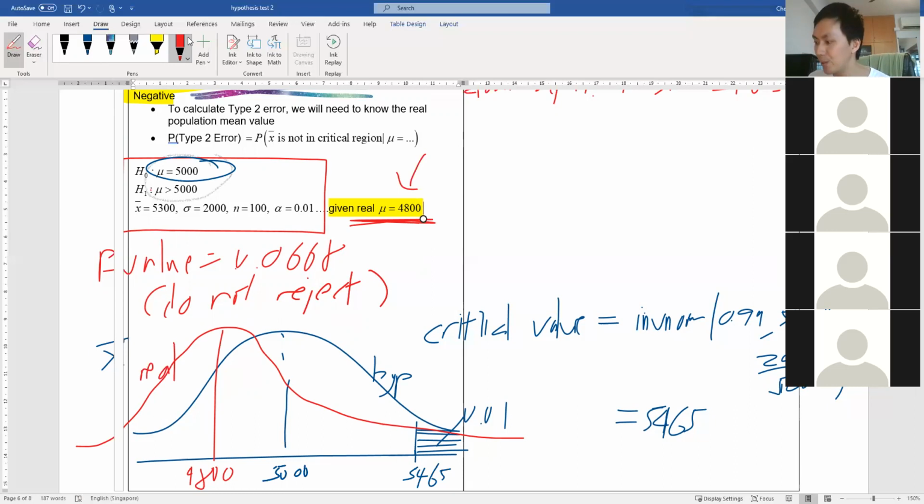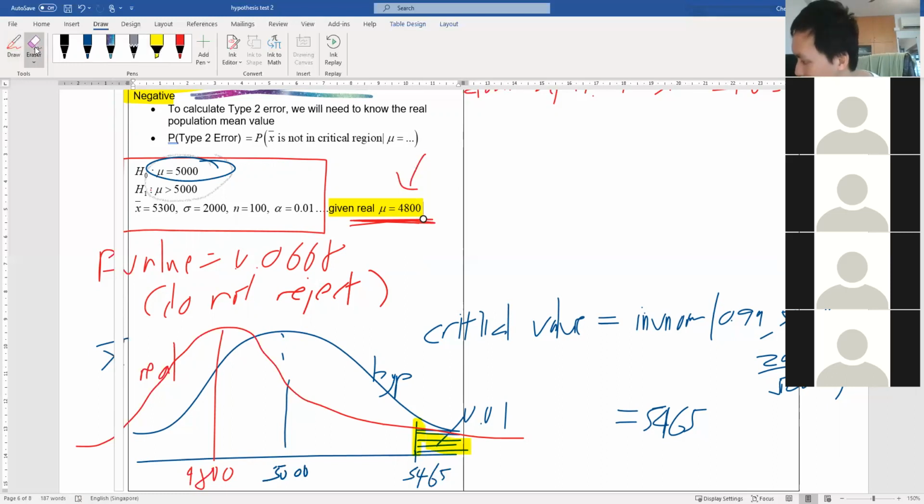But the goalpost of 5465 still stays, because the goalpost is created based on your alpha, your sigma and the settings of the test. So the actual type 2 error is the area to the right of 5465 under the red curve.